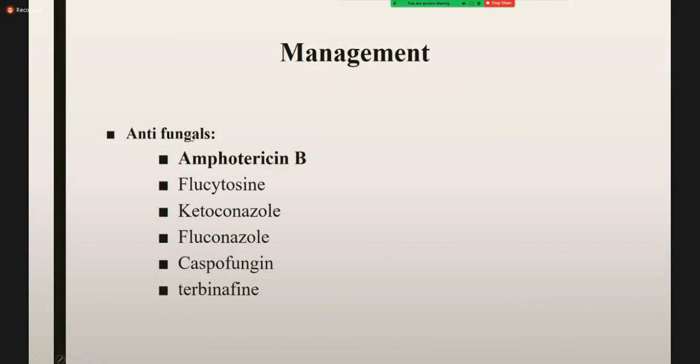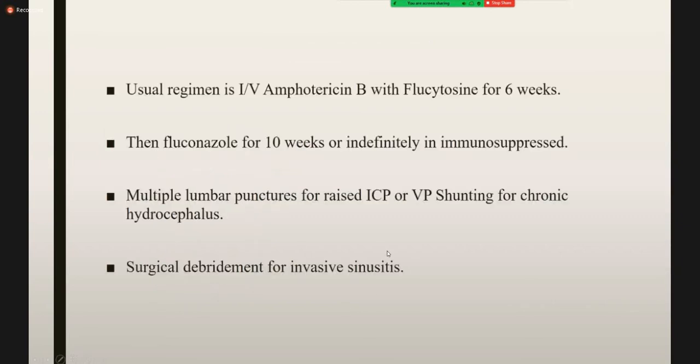So you can start with amphotericin. Other options are flucytosine, ketoconazole, and fluconazole, and these are other antifungal drugs. The usual regimen is IV amphotericin B with flucytosine for 6 weeks, followed by fluconazole for 10 weeks, or indefinitely in immunocompromised or immunosuppressed patients.